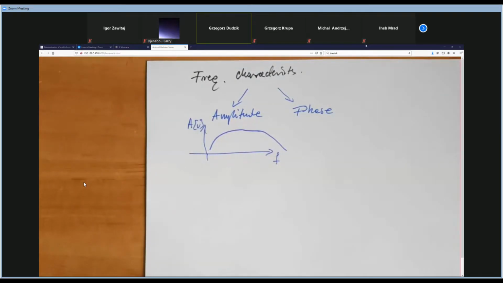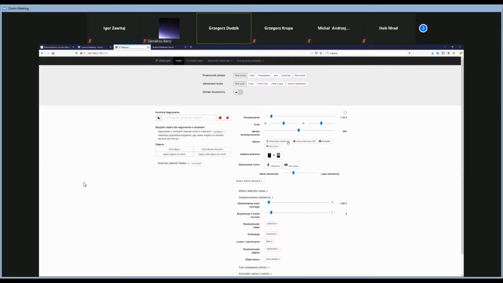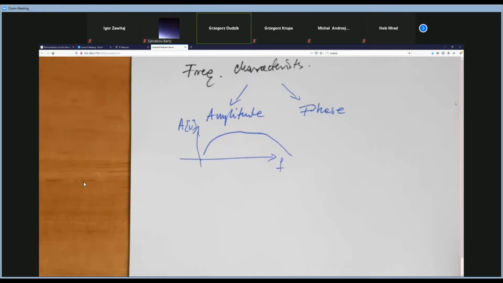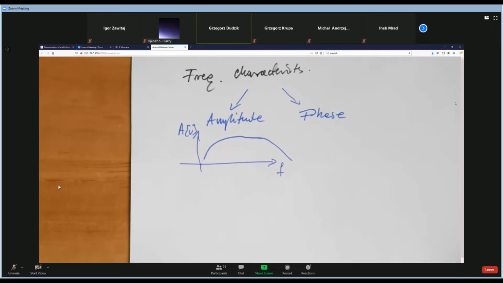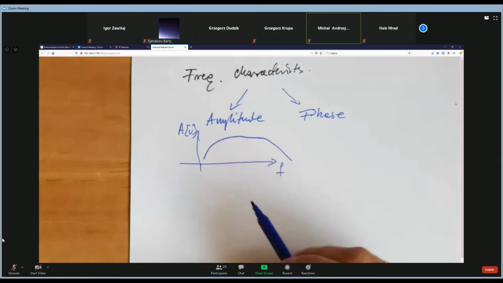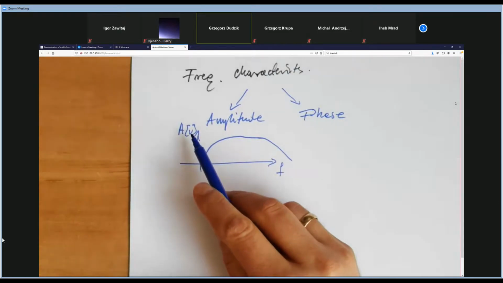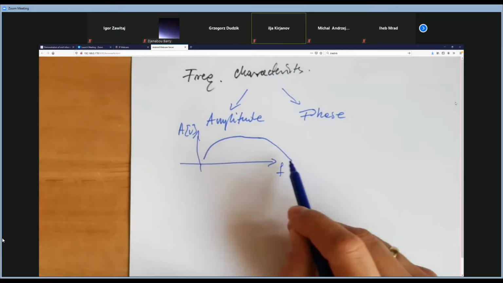Sorry, I just turned off the autofocus. It will be better. Okay. Do you see the white sheet here? Yes. Okay. So as you see, you can see here what will be, for example, the output voltage according to the frequency.